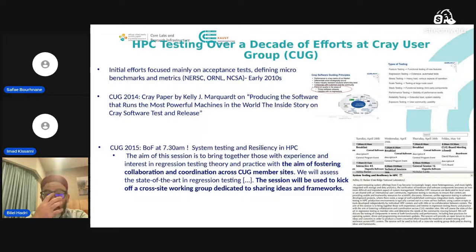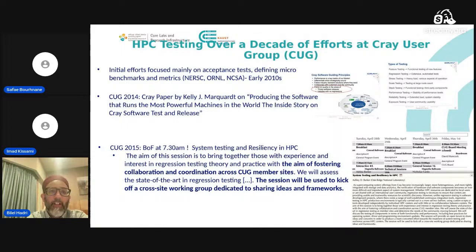To be honest, I discovered this testing as I am part of the Cray User Group. It has different sites all over the world that have several systems, mainly Cray. I have noticed that for the last 20 years they have made a lot of efforts.